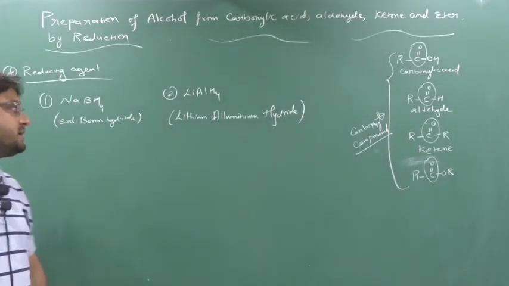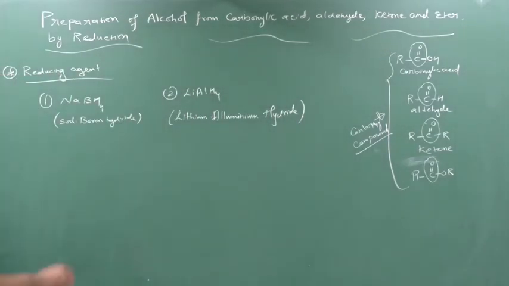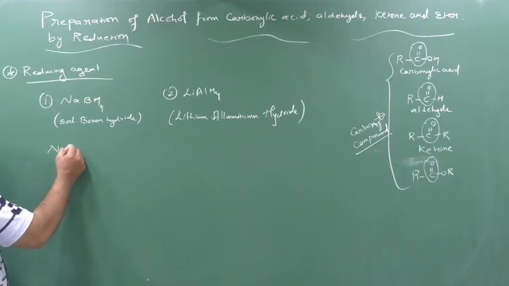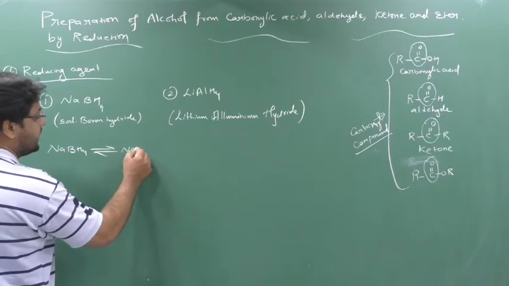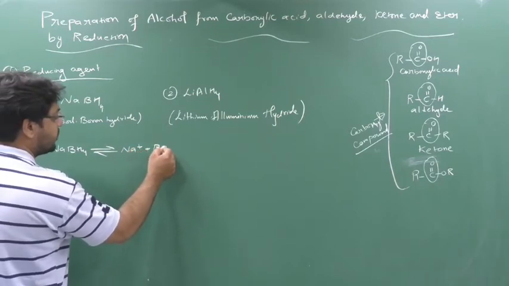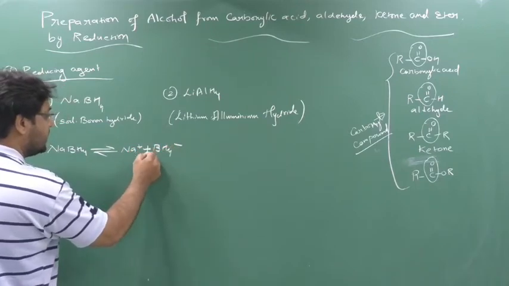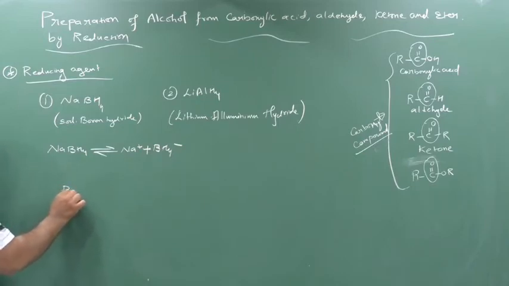How actually they work as a hydride, this also you will understand. See, this sodium boron hydride, during the reaction, breaks down into Na plus and BH4 minus. Clear? What do we mean by BH4 minus? This is the BH4 with a minus charge.